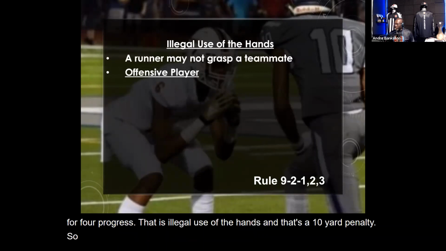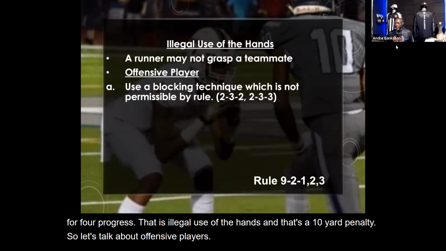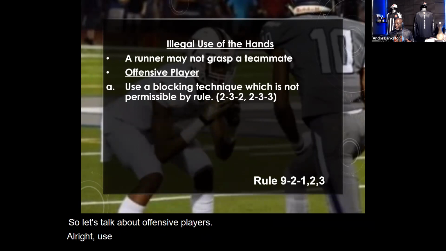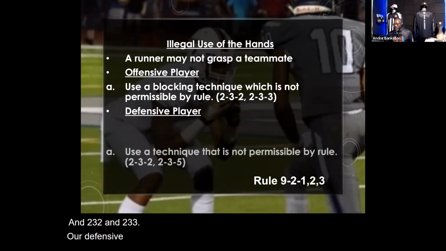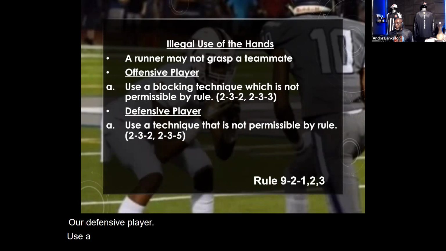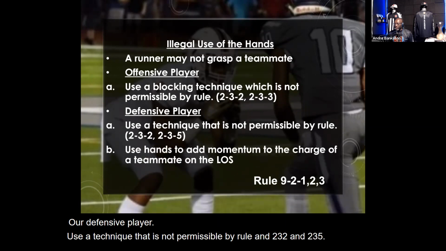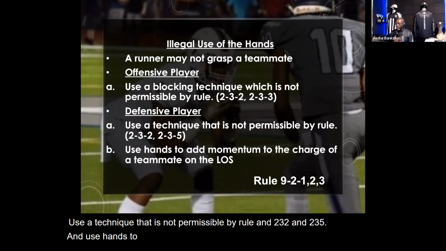So what about offensive players? They may not use a blocking technique which is not permissible by rule, in 2.3.2 and 2.3.3. A defensive player may not use a technique that is not permissible by rule, in 2.3.2 and 2.3.5, and may not use hands to add momentum to a charge of a teammate on the line of scrimmage.